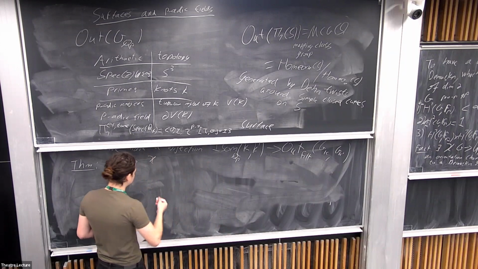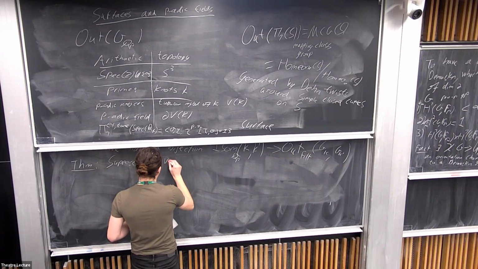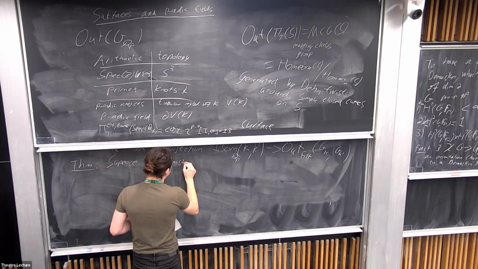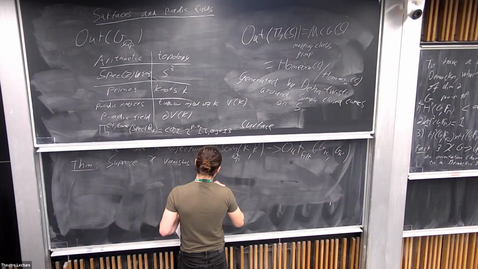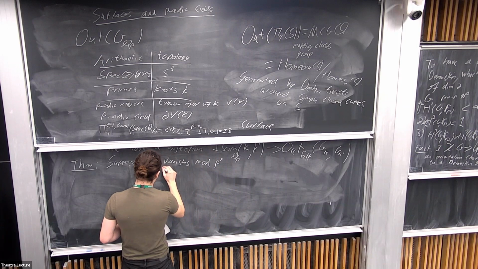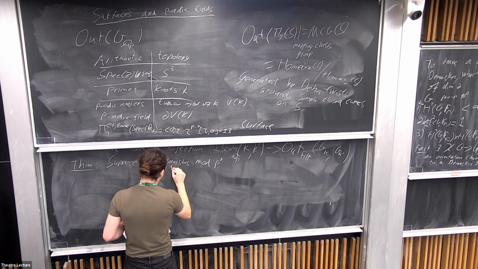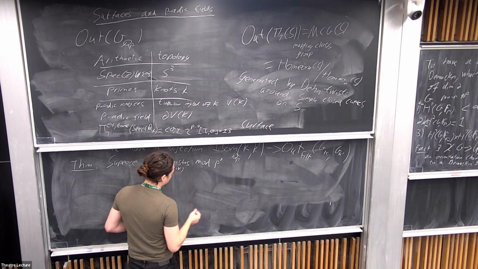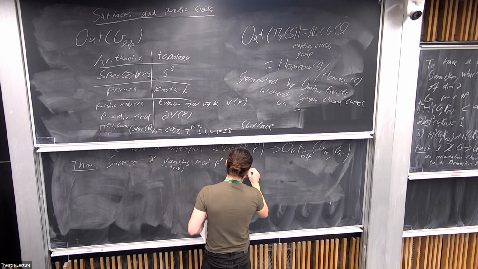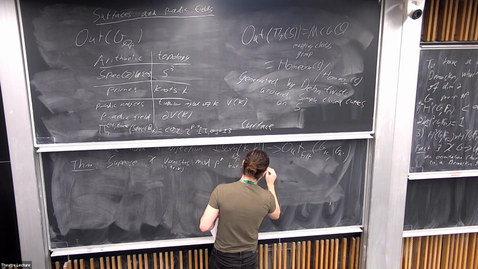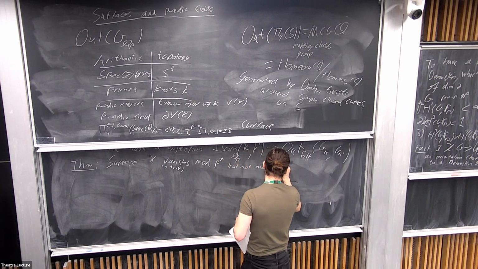Suppose this orientation character vanishes mod p^r, I mean is trivial mod p^r, but not mod p^(r+1).